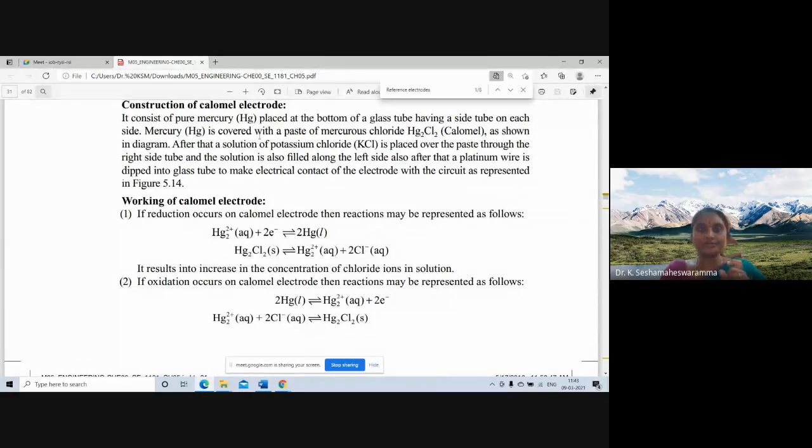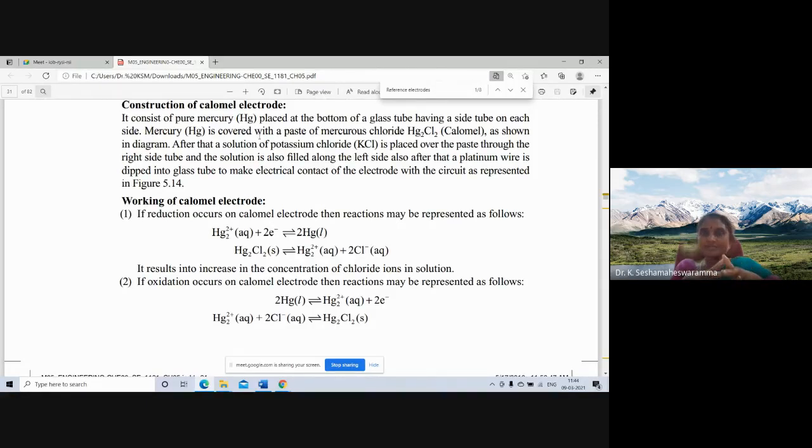It consists of pure mercury placed at the bottom of a glass tube, having a side tube on each side. The mercury is covered with a paste of mercurous chloride, which is known as calomel. Then a solution of potassium chloride is placed over the paste through the right side tube, and the solution is also filled along the left side.